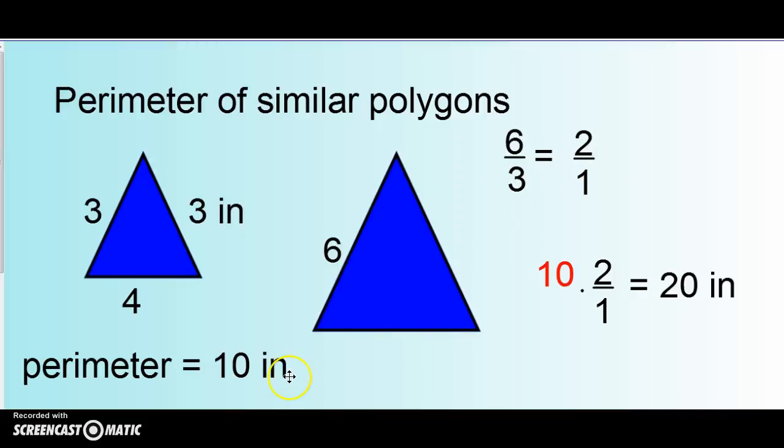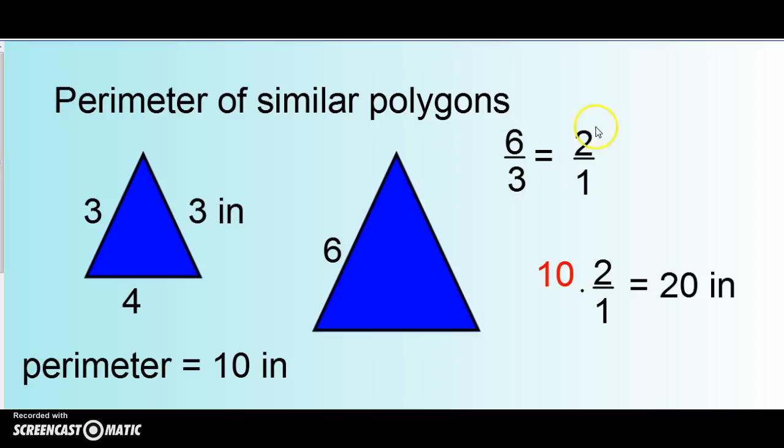We do know the perimeter of the first polygon, so you would take your scale factor times the perimeter of what we do know. The perimeter of the second shape is 20 inches. Once again, create a scale factor from the two sides that correspond, and then use that scale factor to multiply it times the perimeter that we do know.